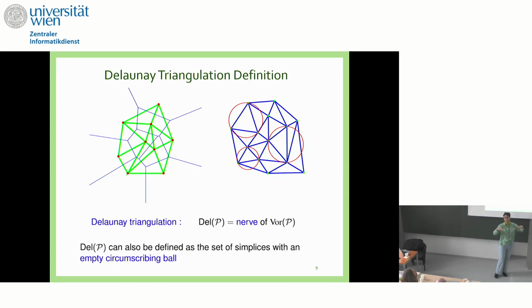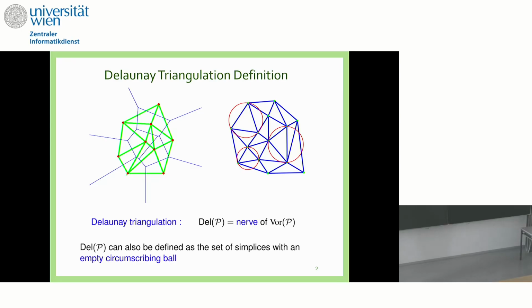So you can think of it in higher dimension, and that would be perfectly true. This duality is also maintained in higher dimensions. And you have also a notion of orthogonality, in the sense that these bisectors are always orthogonal to the connecting edge in 2D.